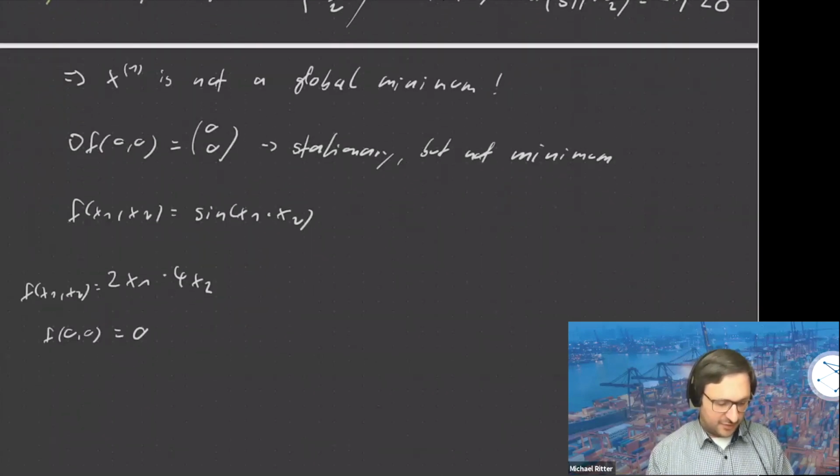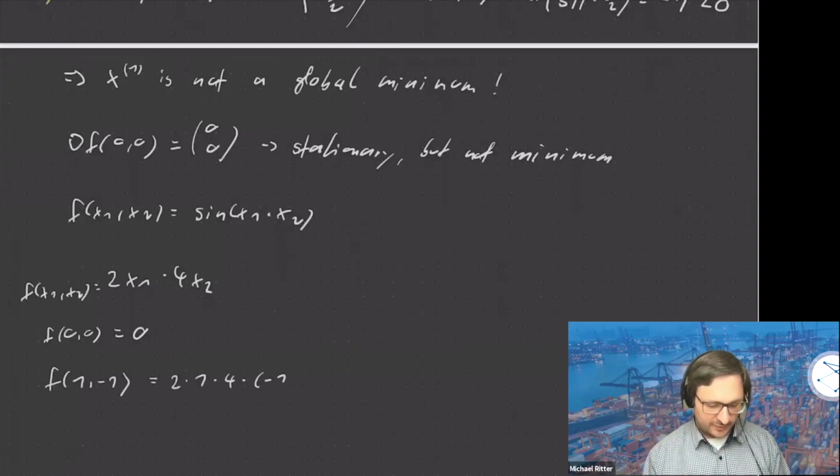Again, by just looking at the function, let's say we take 1 and -1, then we have 2 times 1 times 4 times -1, that's negative, right? So that's better in terms of minimization. Again, of course, you have to look at the function. You have to somehow know how that function behaves, at least locally. If you wrote down a very complicated function, then I wouldn't be able to do that anymore.